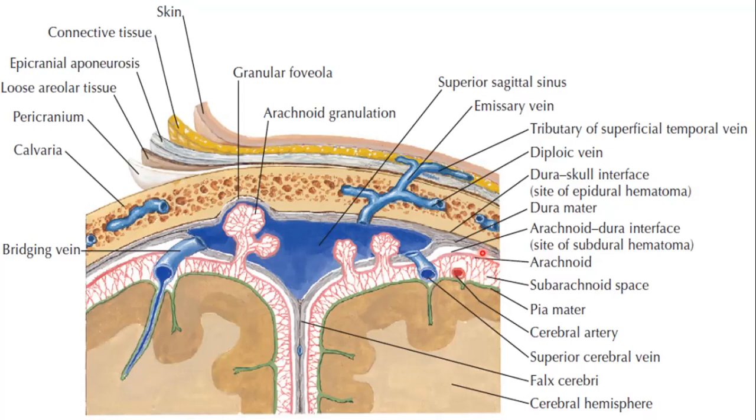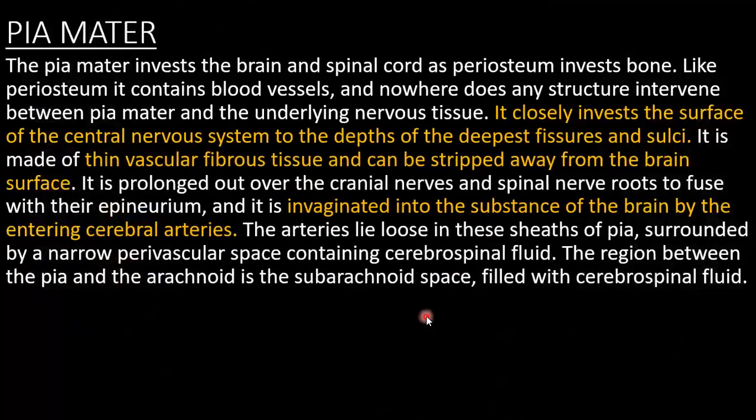Just to know that the dura mater in the cranium has two layers, an outer endosteal and an inner meningeal layer. But in the spinal cord, it does not have two layers. It's single layered. So that is just one difference between the spinal dura mater and the cranial dura mater.